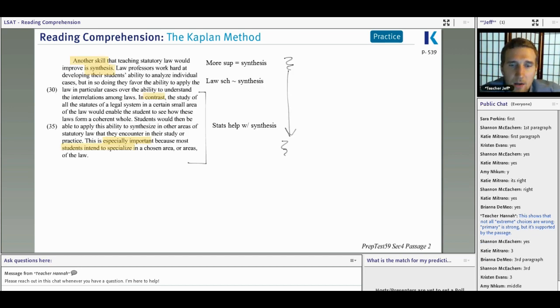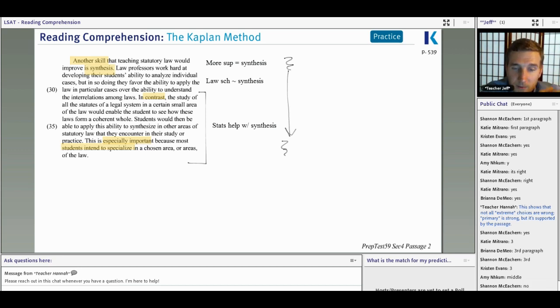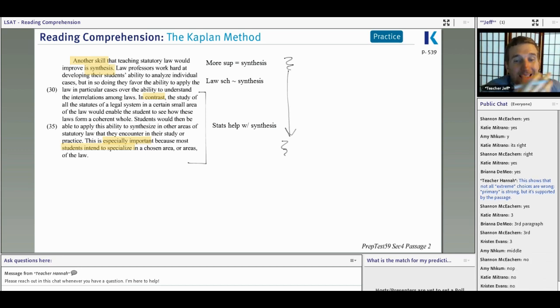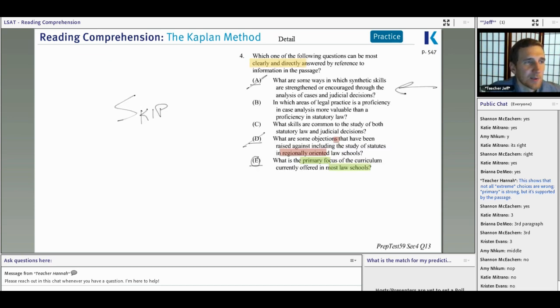Does this talk about ways in which case law or judiciary decisions could strengthen synthesis? Because that's what answer choice A says. No, in fact, it's kind of the opposite, because when it's focusing on cases, that's not the synthesis. So that's how we can know that this particular answer choice is wrong.